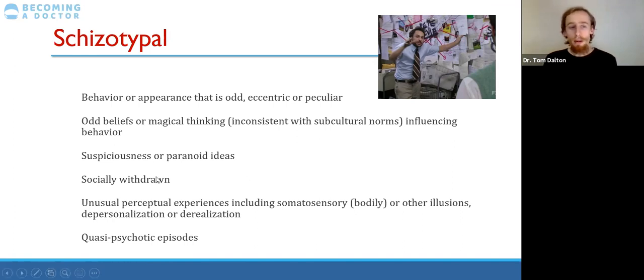Again, sort of paranoia might be a feature of it. And sometimes you'll have low-key psychotic experiences or psychotic episodes. And I mean, people who have schizotypal personality disorder are very likely to have fully blown psychotic episodes and schizophrenia as well on top of that. But I guess the personality disorders, they're always a bit like that.